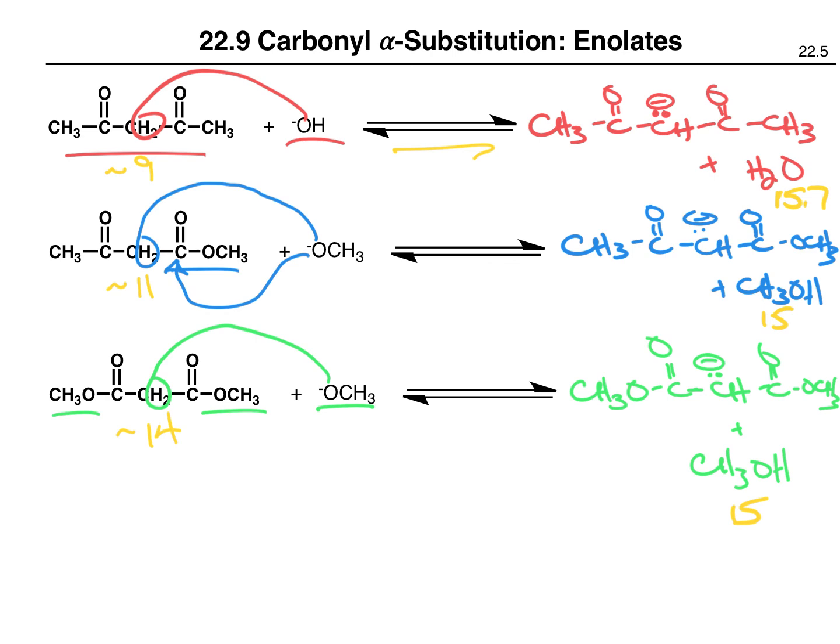In the second example, this is our stronger acid, so again, the equilibrium lies to the right. And in our third example, not as much of a difference, but still this one is the stronger acid, and so once again the equilibrium lies toward the right. So in each of these cases, at equilibrium, we are going to have lots and lots of enolate and a smaller amount of our starting material.